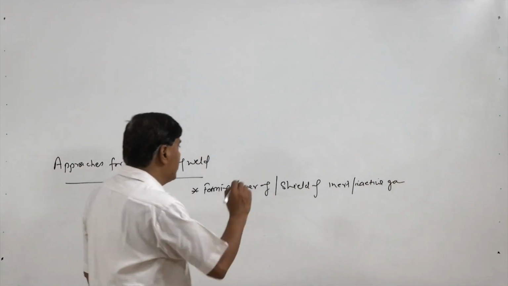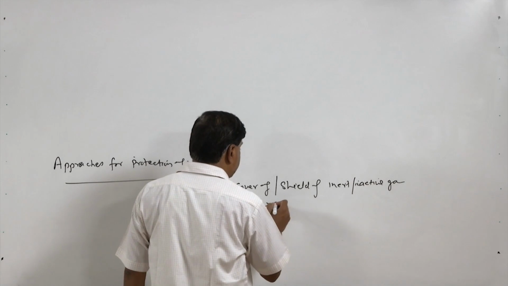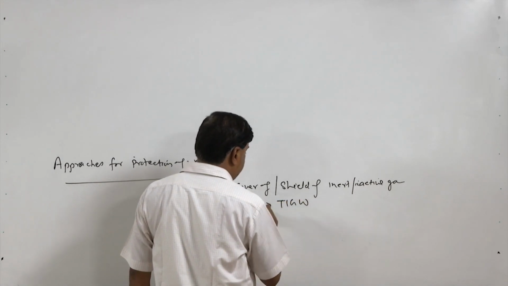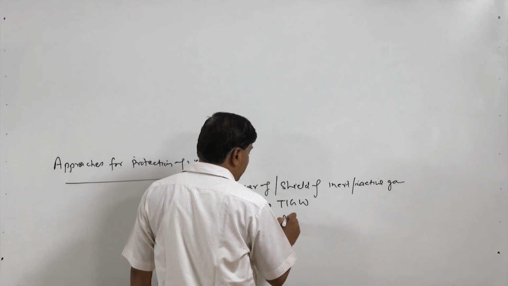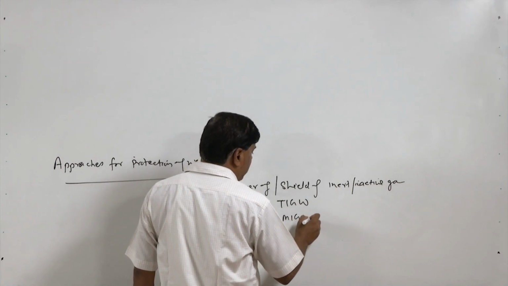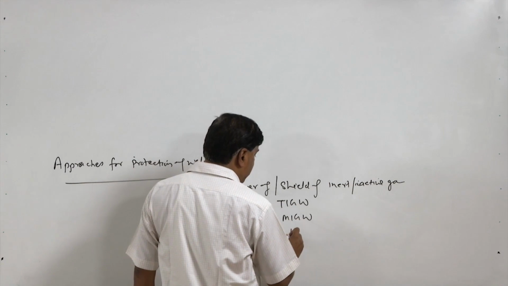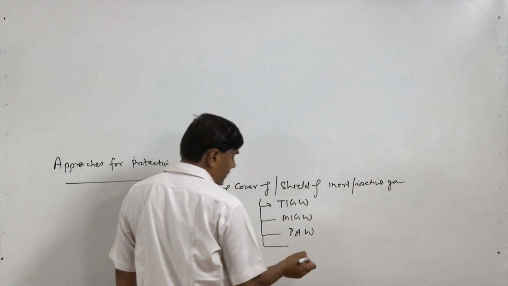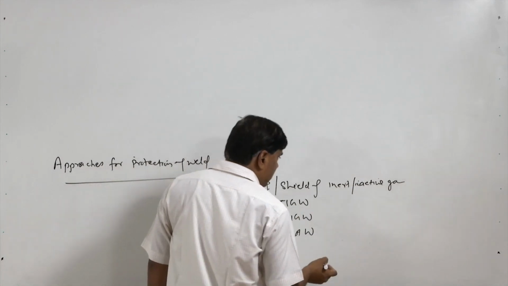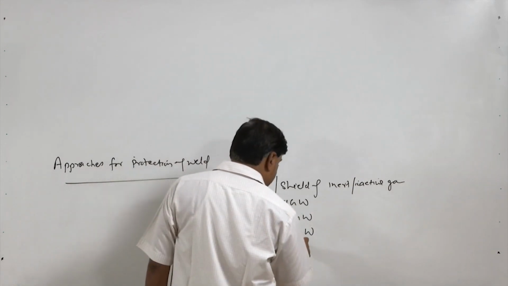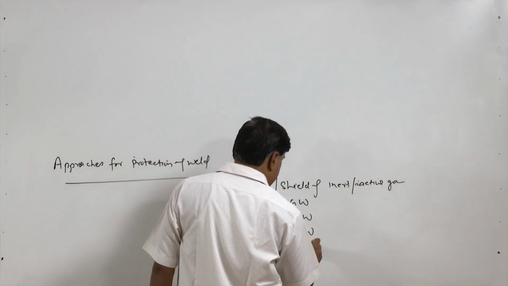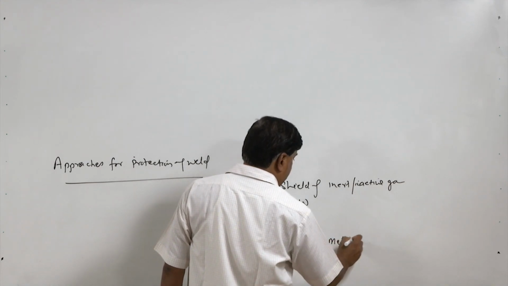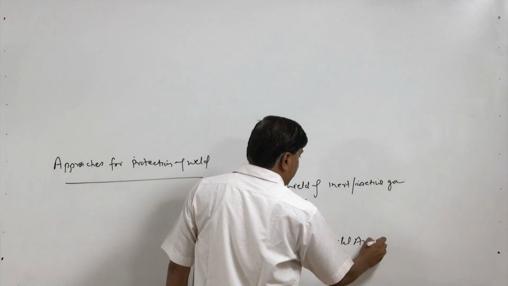This kind of approach is used in case of, like say, TIG welding, tungsten inert gas welding, metal inert gas welding, plasma arc welding, and shielded metal arc welding.